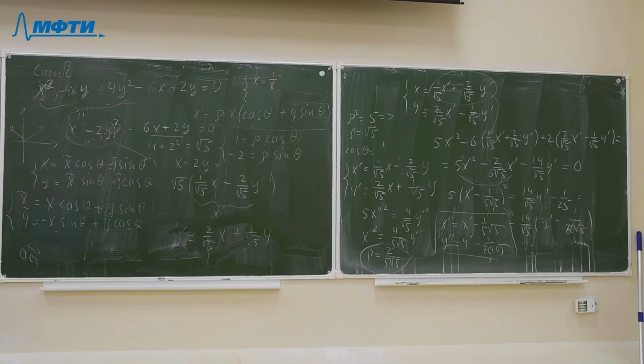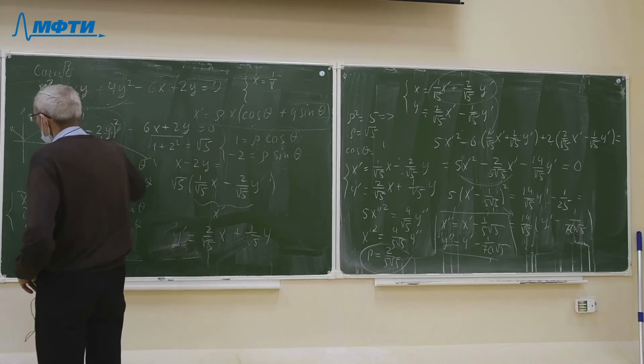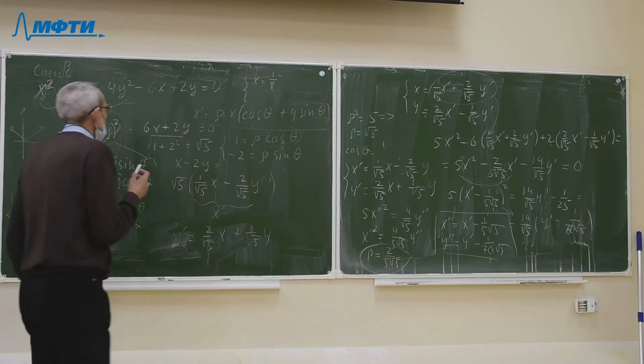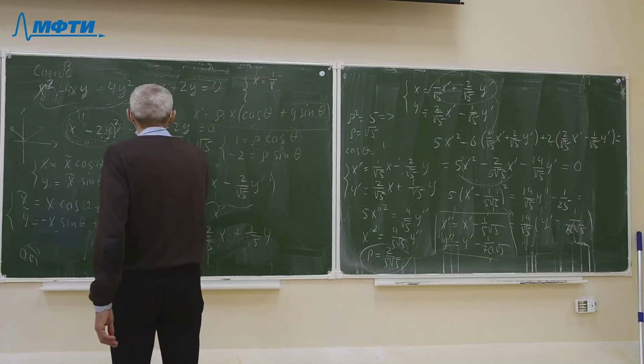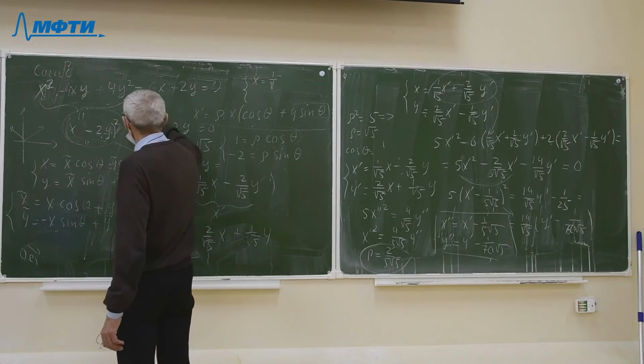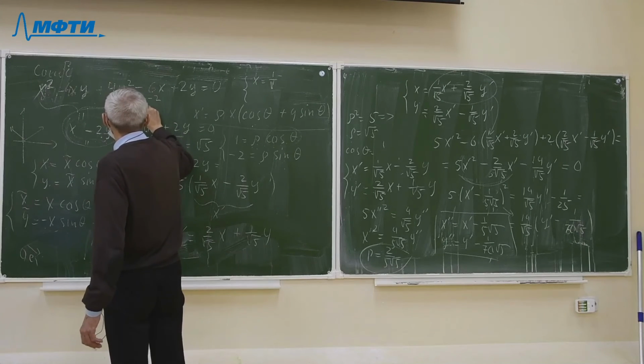The other way is to calculate some invariant of this parabola. It is enough to calculate the determinant of this matrix and understand the value of the determinant. The matrix of the quadratic form is the following: 1, minus 2, minus 2, 4.